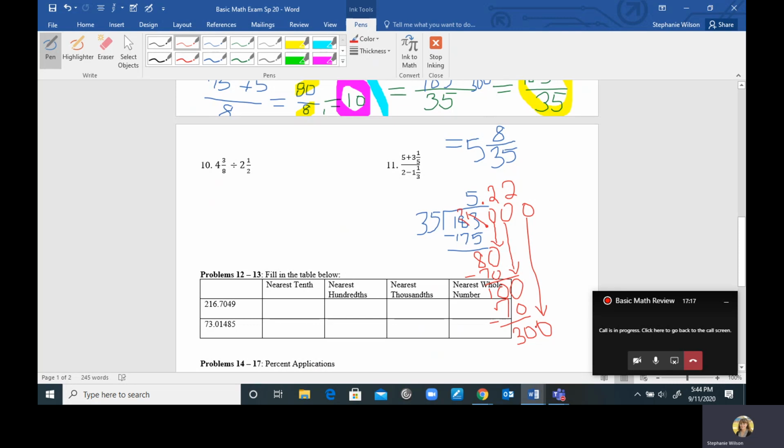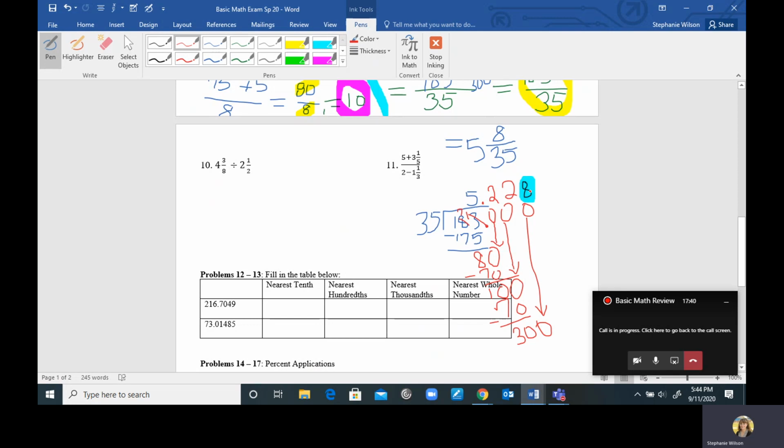So now, how many times will 35 go into 300? We know it goes into it 8 times. So we're going to stop right there because I said round to the nearest hundredth. And we're going to look at this thousandths digit. And we ask ourselves, and it's just a simple yes or no: is this number in the thousandths place equal to or greater than 5?